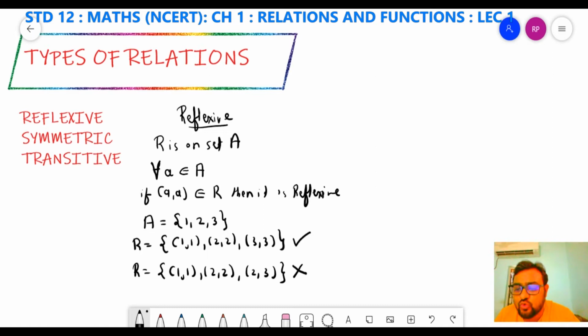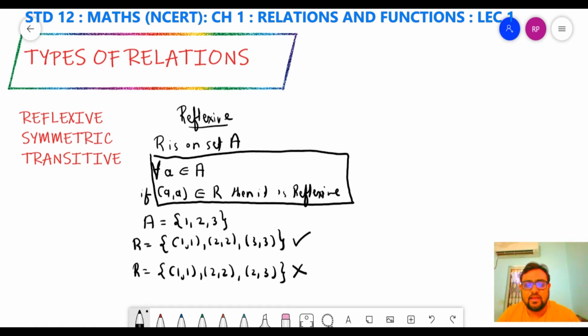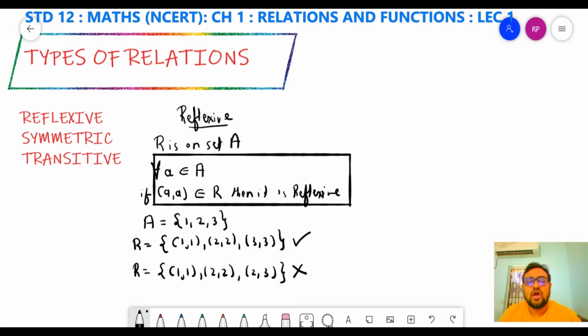So to prove whether a relation is reflexive or not, you have to prove that for every element a belonging to A, the ordered pair (a, a) belongs to R, then only it is reflexive.